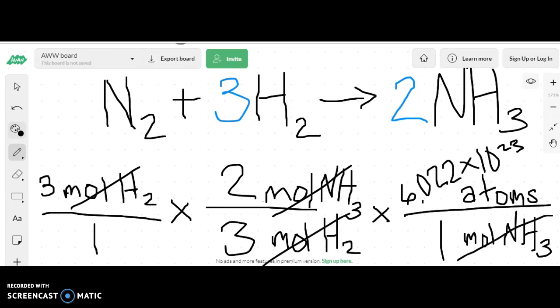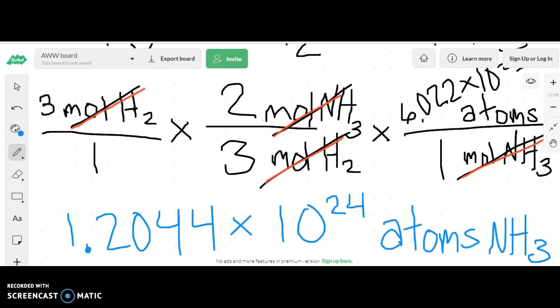If you do all the calculations for that, your answer should come to 1.2044 times 10 to the 24th. I wrote in blue the 1.2044 times 10 to the 24th atoms of ammonia, and that is your answer. So just remember to balance your equations and then use your mole ratios to do stoichiometry correctly.